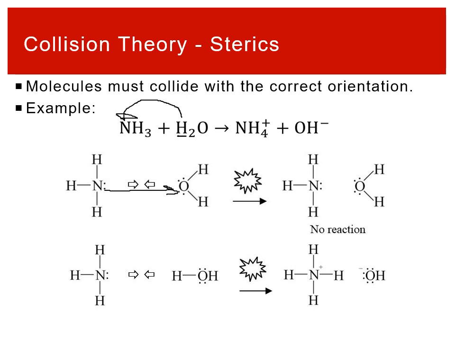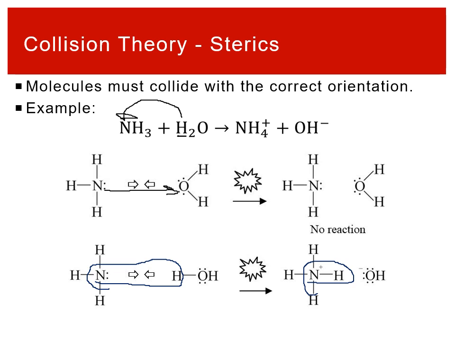In order for the collision to occur, if you are looking to form a bond between a nitrogen atom and a hydrogen atom, when the collision happens, the molecules need to collide such that those two atoms make contact. If they're going to be joined by a chemical bond in the product, when the two initial reactant molecules collide, those two atoms need to touch.